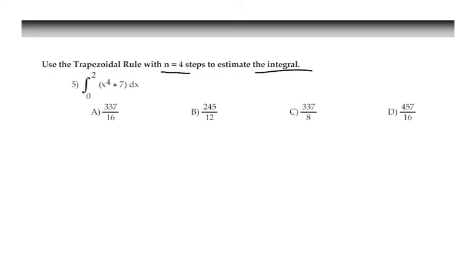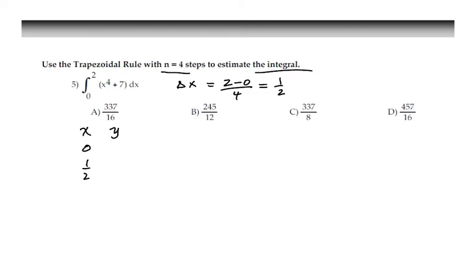We will start out by calculating the various values of x and y. Notice that delta x would be 2 minus 0 over 4, equal to 1/2.